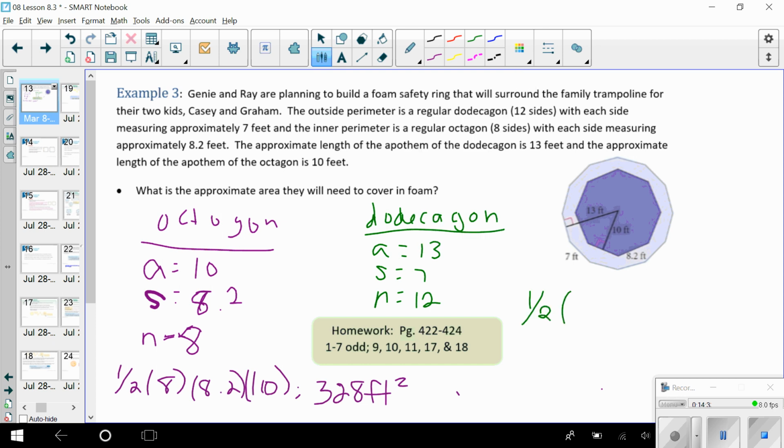So we have 1/2 of 13 times 7 times 12. And we get a total of 546 feet squared.